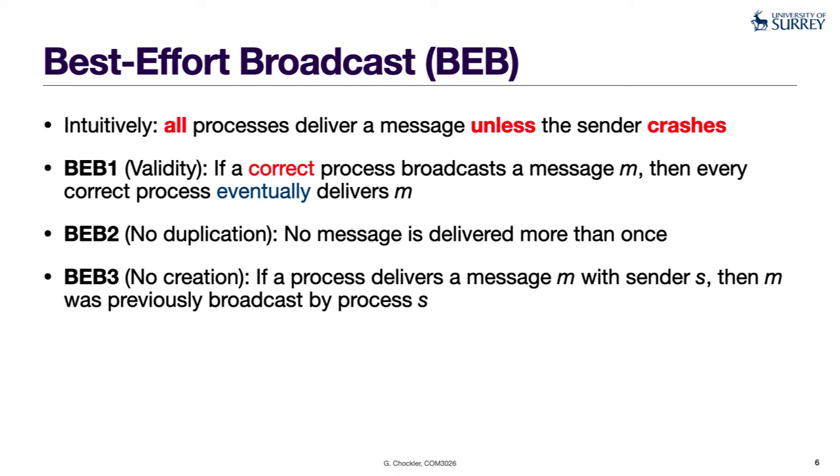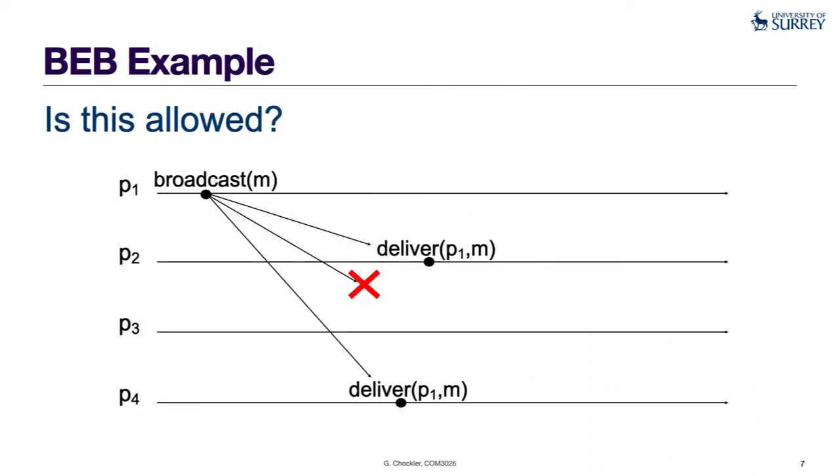Let's see a few examples of what could happen if we have this BEB, best effort broadcast primitive. In our examples, we'll be using this type of diagrams, as you see on this slide. These diagrams are called process time diagrams. For each process, we have a separate timeline.